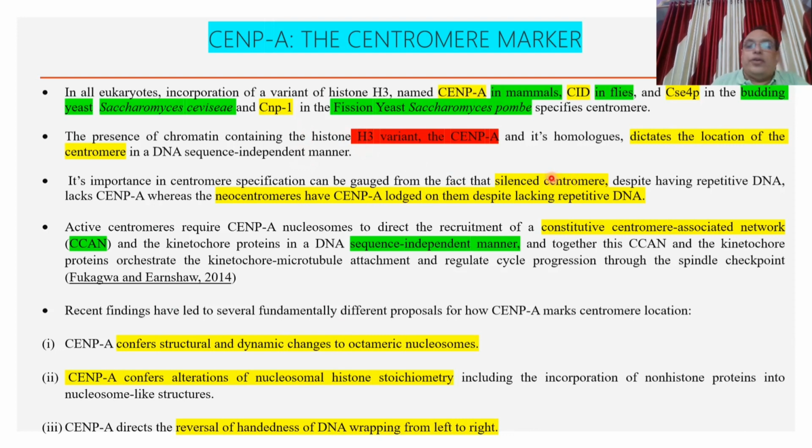So, Priya, it has nothing to do with dominant and recessive. Rather, it has to do with the attachment of the centromeric H3. If centromeric H3 has got attached to a novel point, the previous normal point, which was acting as the centromere hitherto, no more acts as the centromere and is referred to as the silent centromere, while the new point acts as the neocentromere. It acts in a sequence-independent manner, and recent findings have suggested that the centromere structure and dynamics change to octamer.